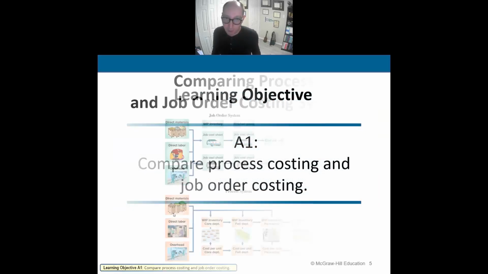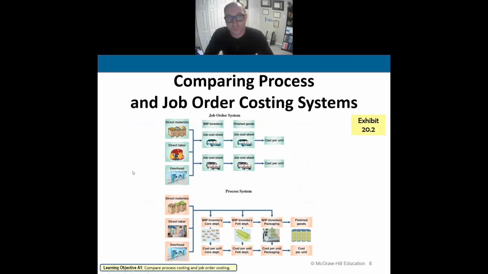which is very different than job order costing, which we talked about earlier today in the previous recording. We take direct materials, direct labor, and factory overhead and allocate that to each job within work in process, which becomes a finished good, and then ultimately becomes cost of goods sold.